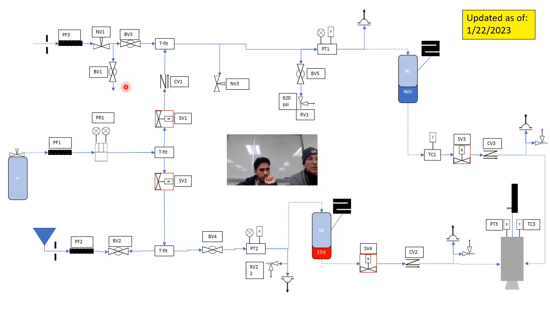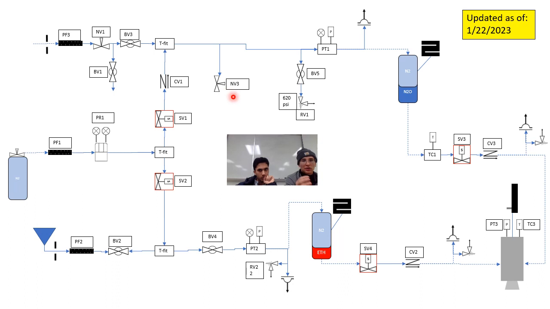Then SV3, which ensures that the pressure is going through BV1 and NV3, as well as some of the other stuff.